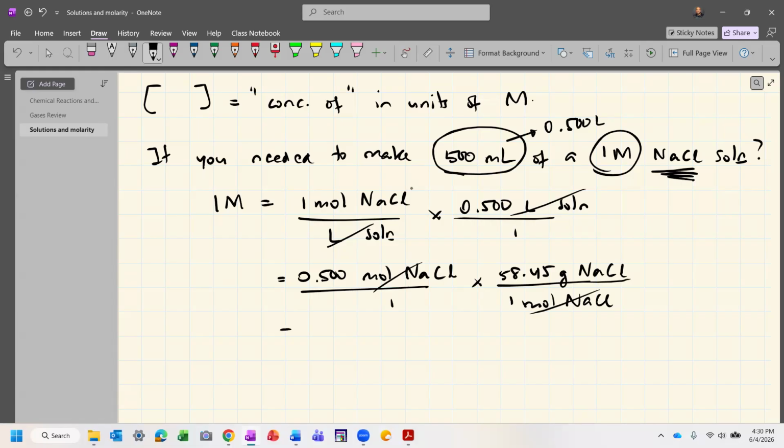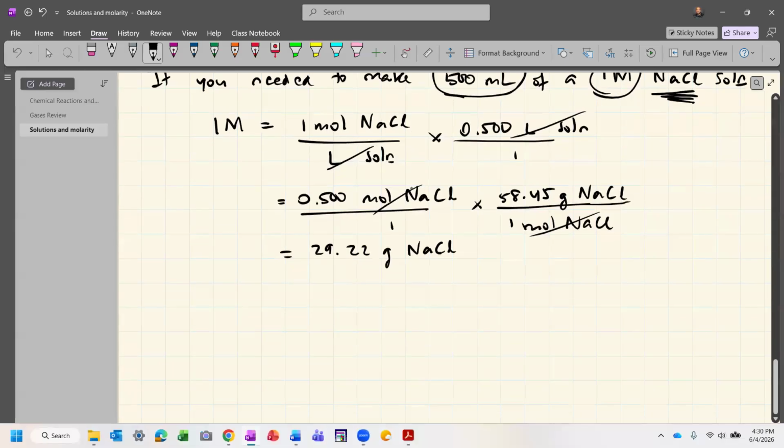So what's half of that? Well, that would be, whatever, 29 maybe, 29.22 or so grams of NaCl. Okay, so I know how much sodium chloride I need to make that 500 mL of the solution.